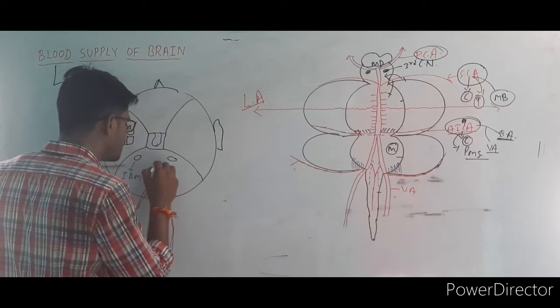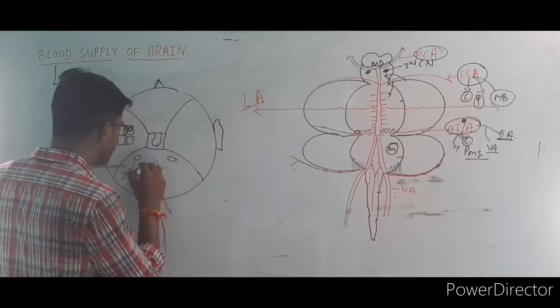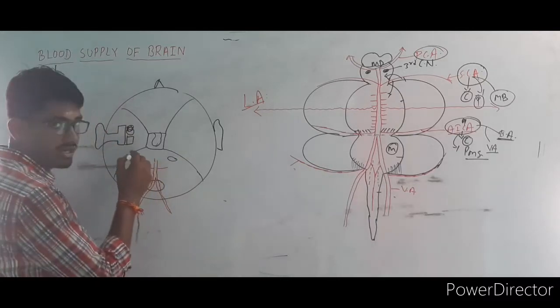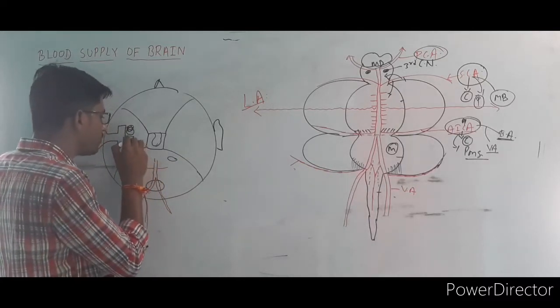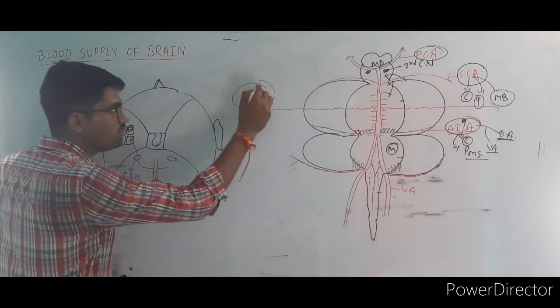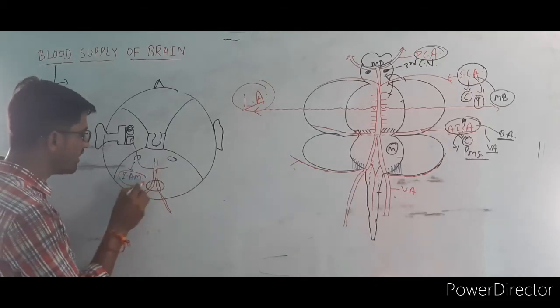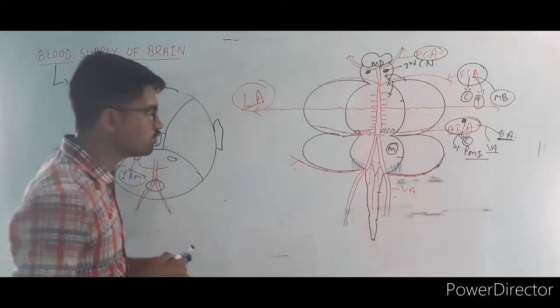This is the basilar artery. From here one artery will enter the internal acoustic meatus and supply the inner ear. So the blood supply of the inner ear is the labyrinthine artery, a branch of the basilar artery, through the internal acoustic meatus. This you should remember.